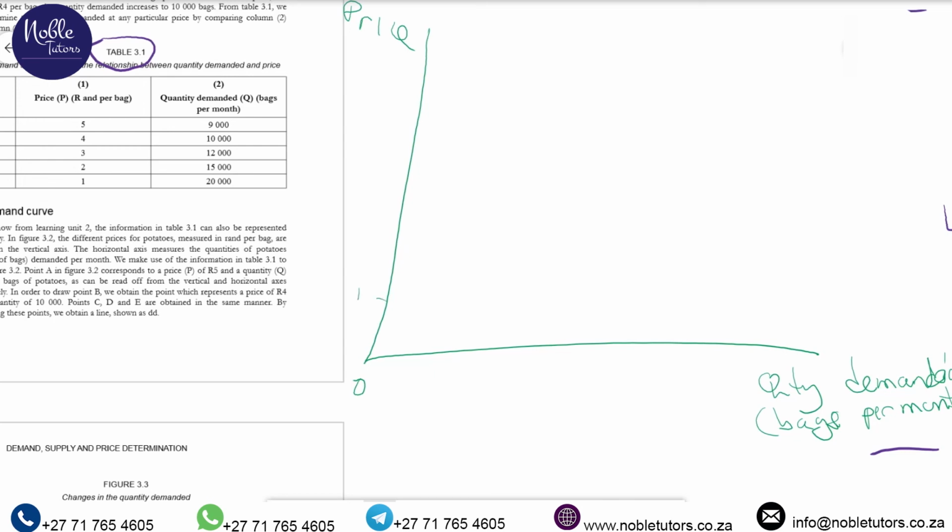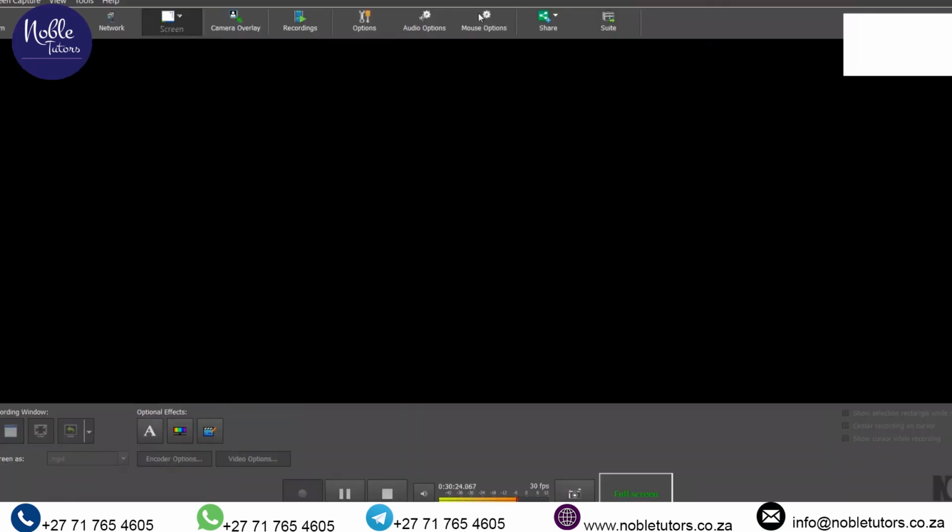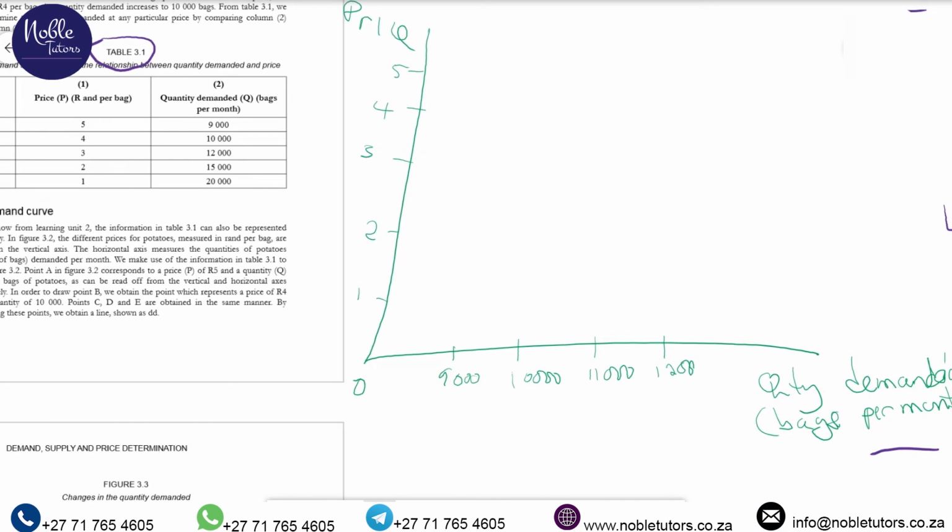Prices are increasing from 1, 2, 3, 4, 5. Then quantity demanded is from 9,000, 10,000, 11,000, 12,000, okay. No, this scale will not work properly for us.